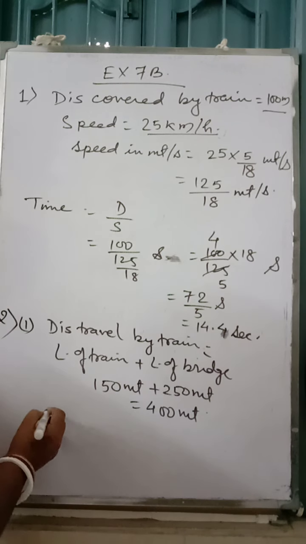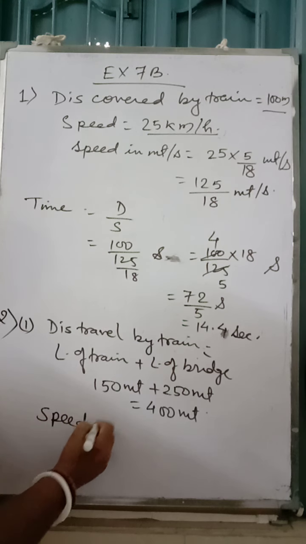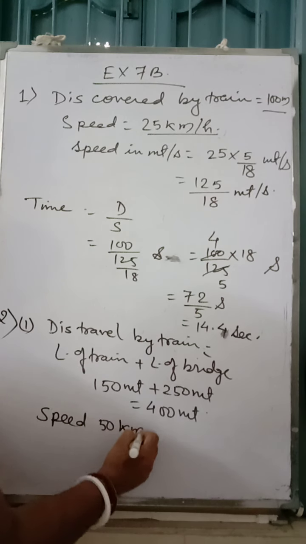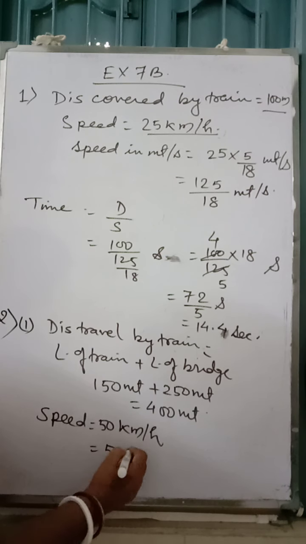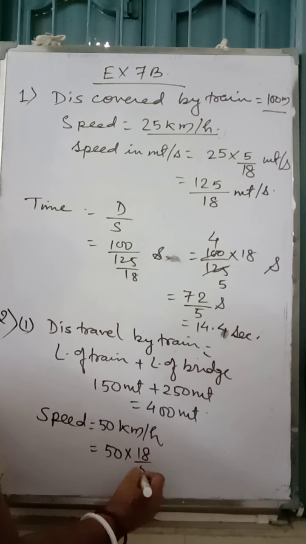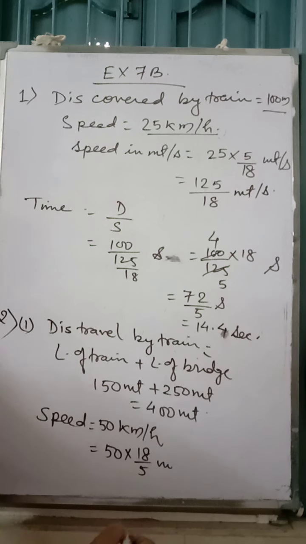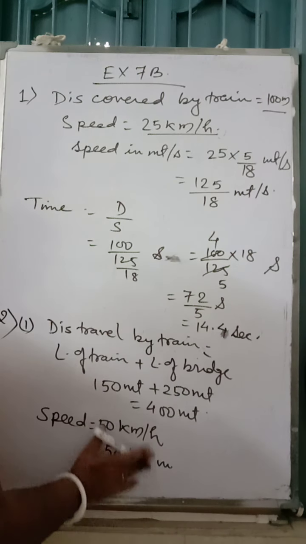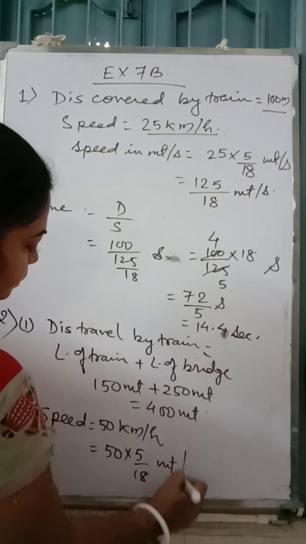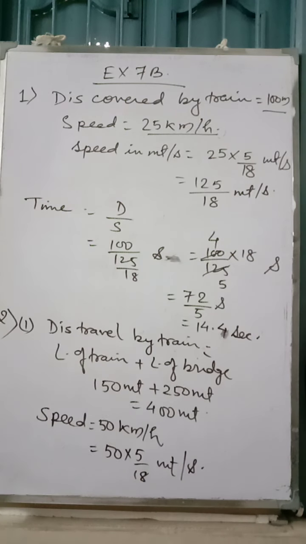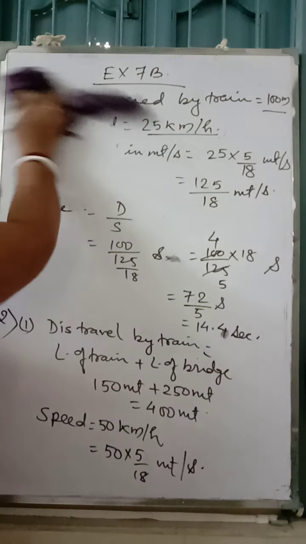Speed is 50 km per hour. Again we have to convert it into meter per second. So this will be 50 into 5 by 18 meter per second. Now the time we have to find. I'm not going to reduce it, just leave it like that.